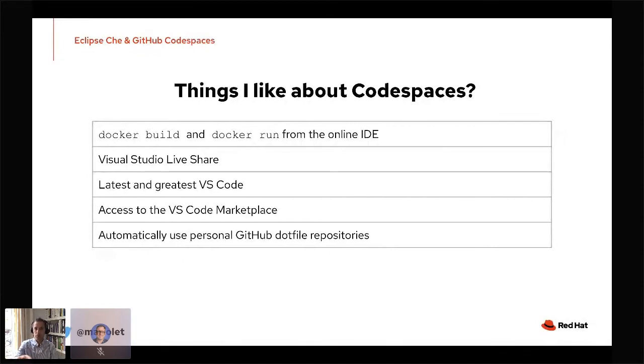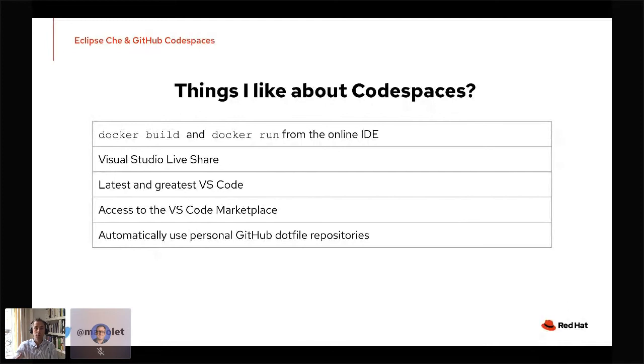When running Codespaces, you have access to the Visual Studio Code marketplace. That's not a surprise. And the other cool thing is that if you have a dotfiles GitHub repository, it will be automatically used by Codespaces, and those dotfiles will be provisioned inside your Codespace development environment.